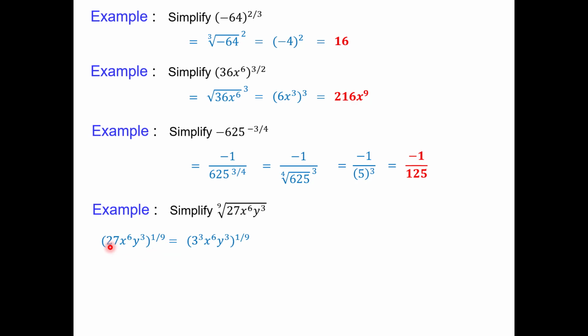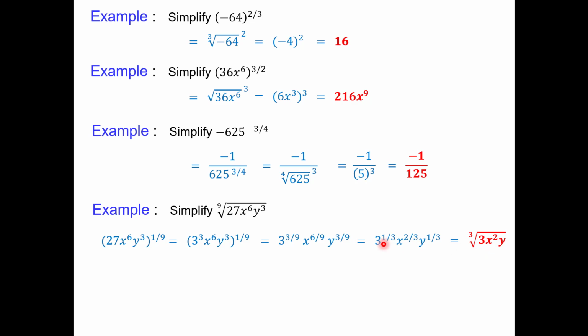So first of all, let's just break down 27 as 3 cubed. And then we know that if we have a product to a power, that power gets multiplied onto each of these other exponents. So then 3 times 1/9 is 3/9. 6 times 1/9 is 6/9, and then so on, 3 times 1/9 again. And then we can simplify. 3/9 is 1/3, 6/9 is 2/3, and then 3/9 is 1/3 again. Then we can go back into radical form.